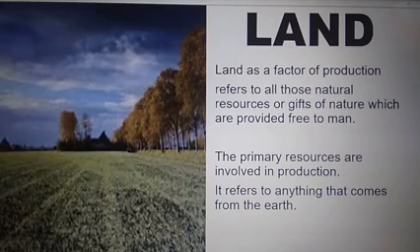It includes within itself several things such as land surface, air, water, minerals, forests, rivers, lakes, seas, mountains, climate, and weather. Land includes all things that are not made by man.